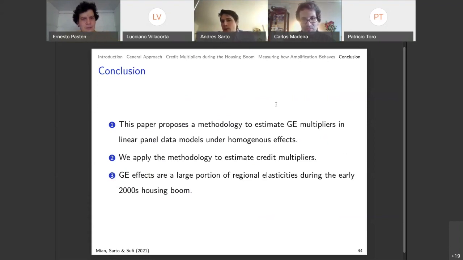We used it, in particular, to estimate credit multipliers and see how they behave in the data. We used as motivation a class or regional version of the Kiyotaki-Moore model. And we seem to find G effects that are very important, at least during the early 2000s housing boom in these data sets.